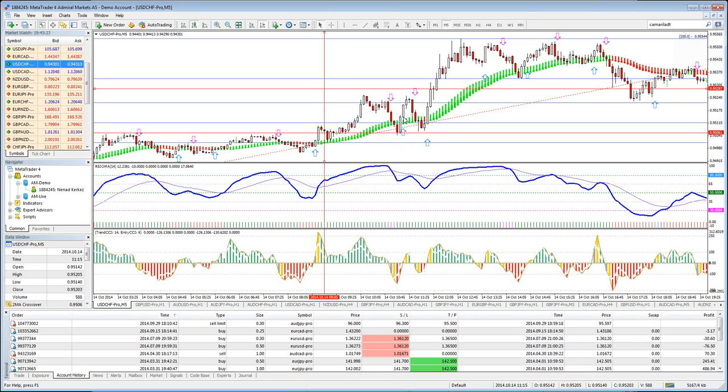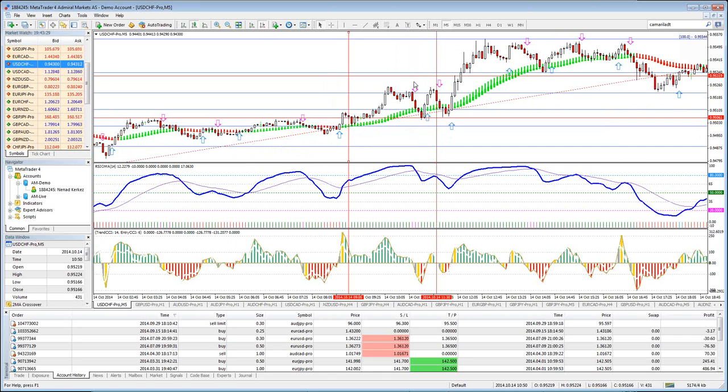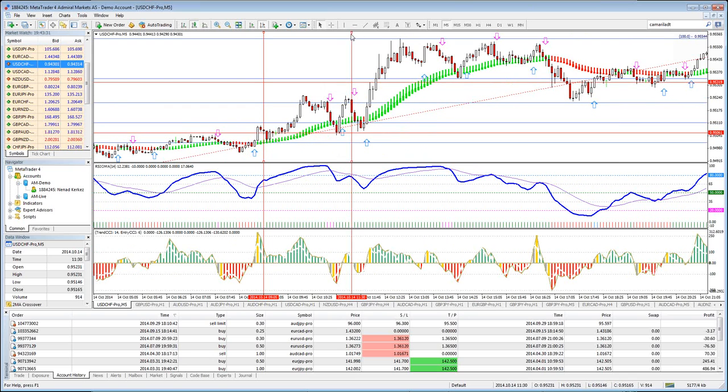So be ready for a long entry, wait for a pullback, and actually at this price here, this was the great entry. So it's above zero line, it's gray, it's above 65, and blue arrow, but the Heiken Ashi was obviously green.